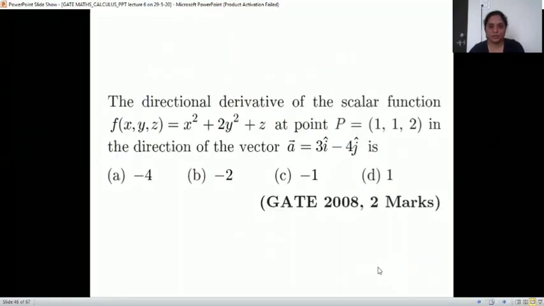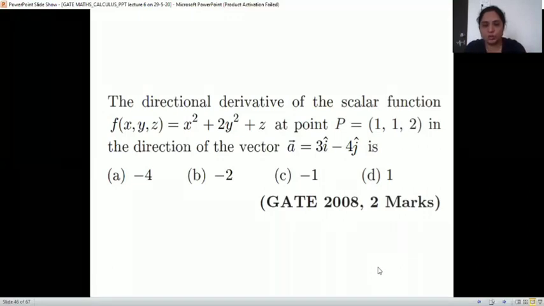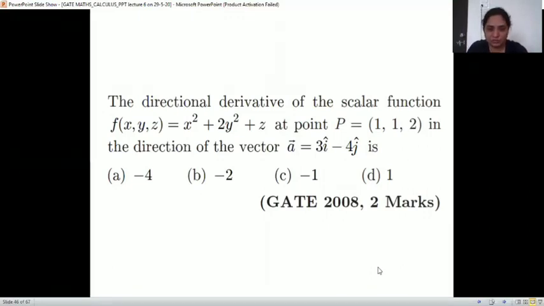Next question. It is directional derivative again, and we are going to solve this. The directional derivative of the scalar function f at the point P(1, 1, 2) in the direction of the vector a bar, 3i bar minus 4j bar, is. Again, it was asked for 2 marks in year 2008. What is the definition of directional derivative?